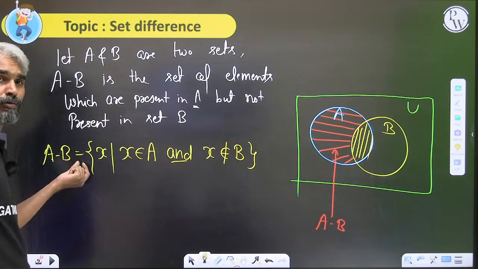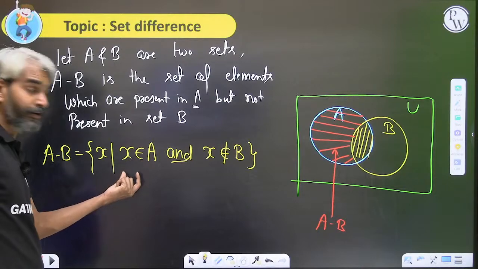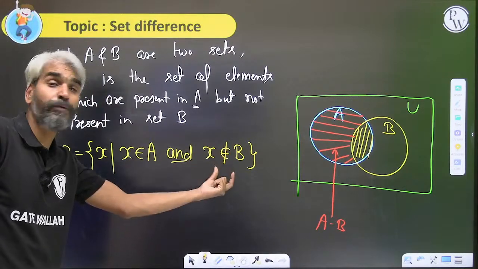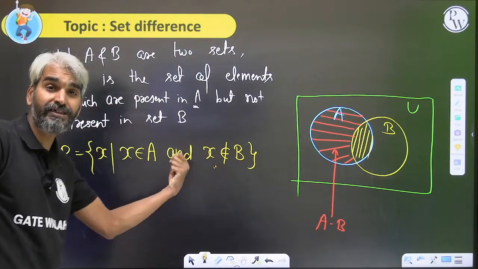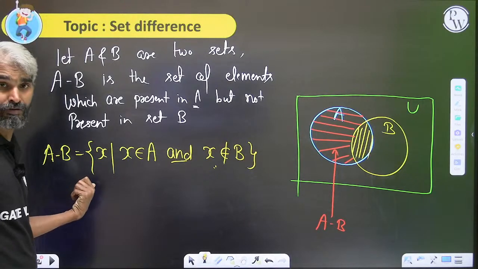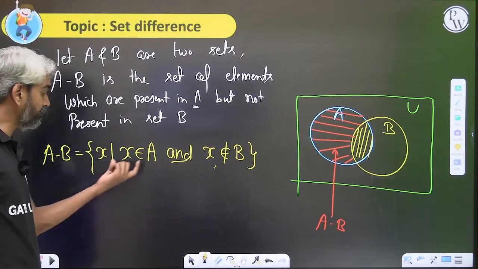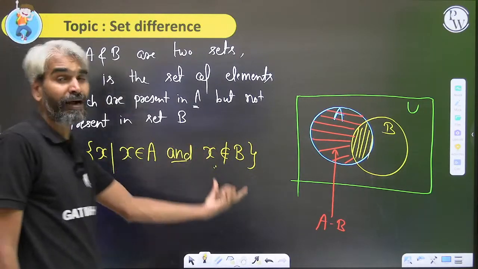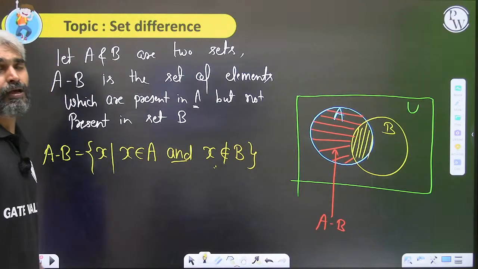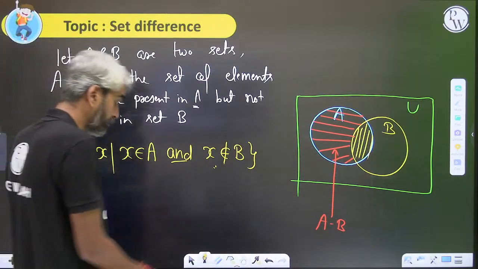Therefore, it will not be a member of A minus B. If it belongs to A and it also belongs to B, the second condition will become false and will return false. It will not be a member of A minus B. But if there is any element which is a part of set A but not part of set B, then it will eventually be a part of A minus B. Okay, so this is A minus B.